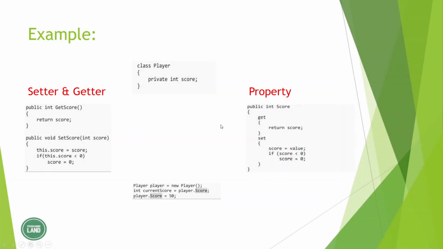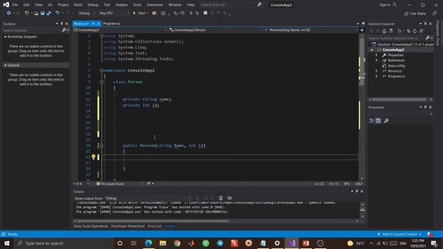Okay, I'll show you by example how we can use these property instead of setter and getter. Okay, here I want to use that property. I have two attributes, name and ID, and I want to use that property to be able to change the actual value of these variables and also get the value of these variables.